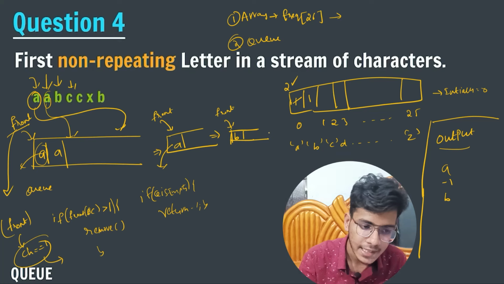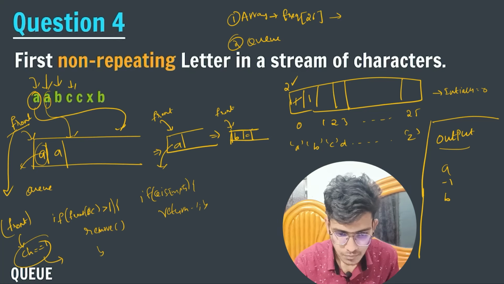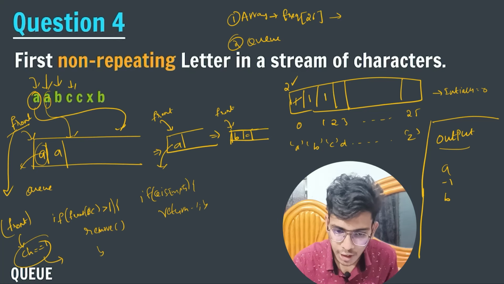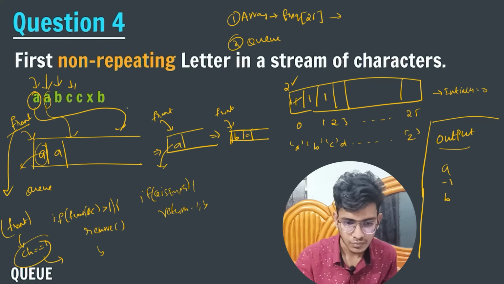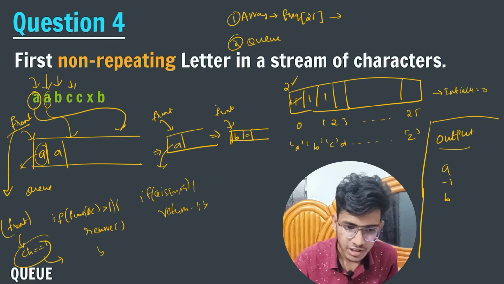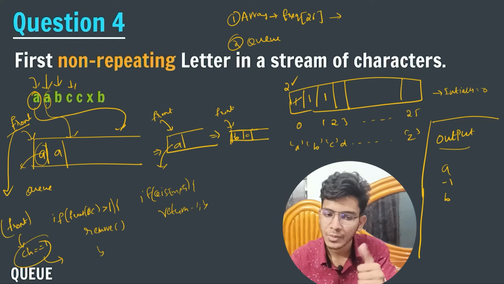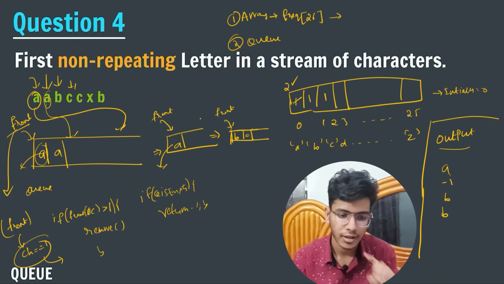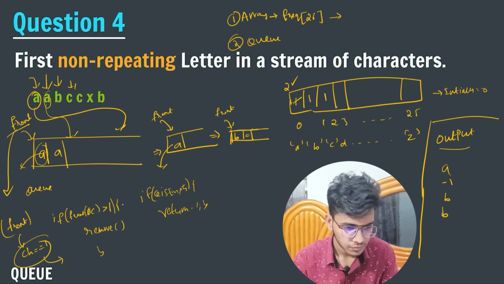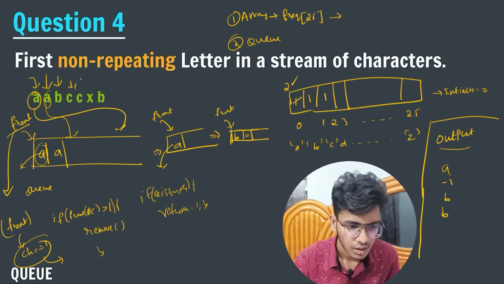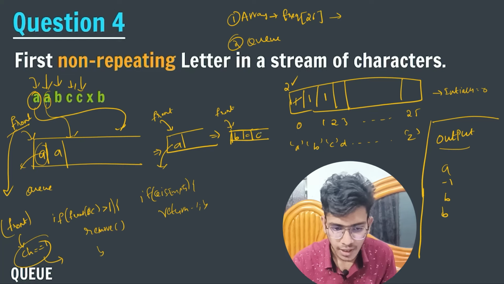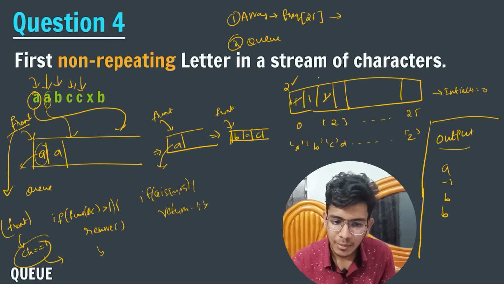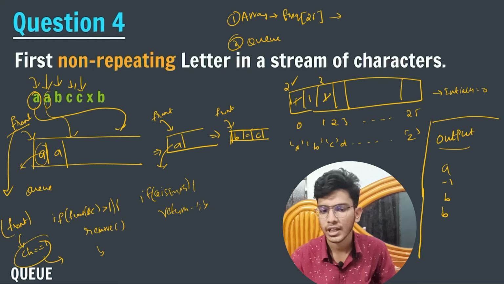After that, I will iterate and I will add C. After that, I will increment the value of C. Now again I will check what the front element is. The front element is B, and what is its occurrence? 1. So I will print B here again. Now again I will iterate, add C here and increment the value of C in the frequency array.